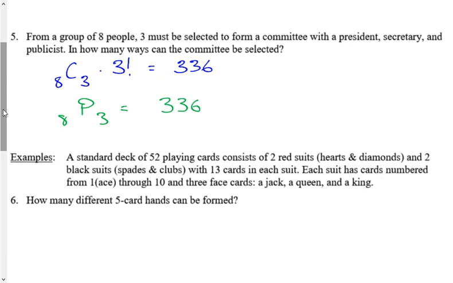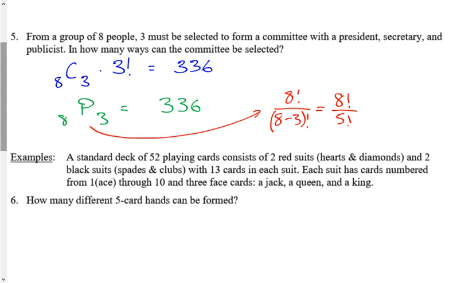The 8p3? Yeah, so this would look like 8 factorial over 8 minus 3 factorial, which is 8 factorial over 5 factorial. Whereas what we did in blue, let's look at that one too. We'll do black.